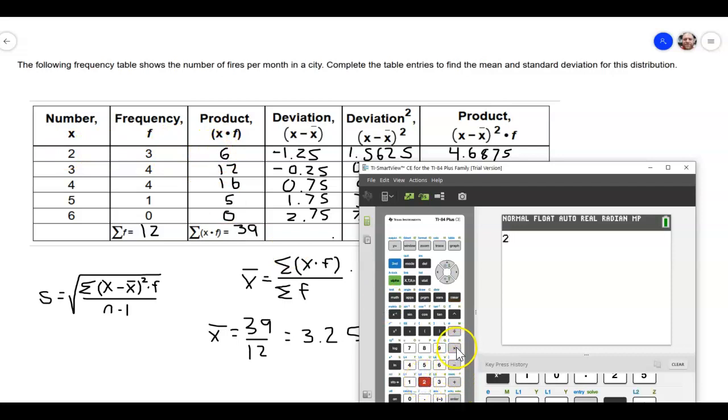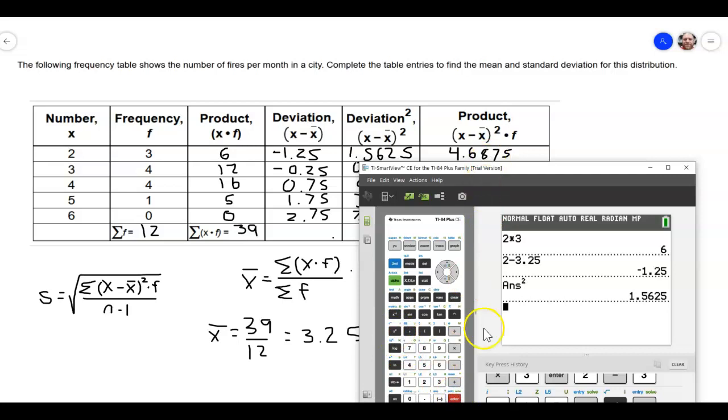So 2 times 3, you get the 6, and then you're going to do the x minus that. So then you would do the 2 minus 3.25 after you find that mean. Enter. And then you just square that, so you get the squared key, enter, and then you say times the frequency, and then you can easily get that last number, and you can do that for each row.